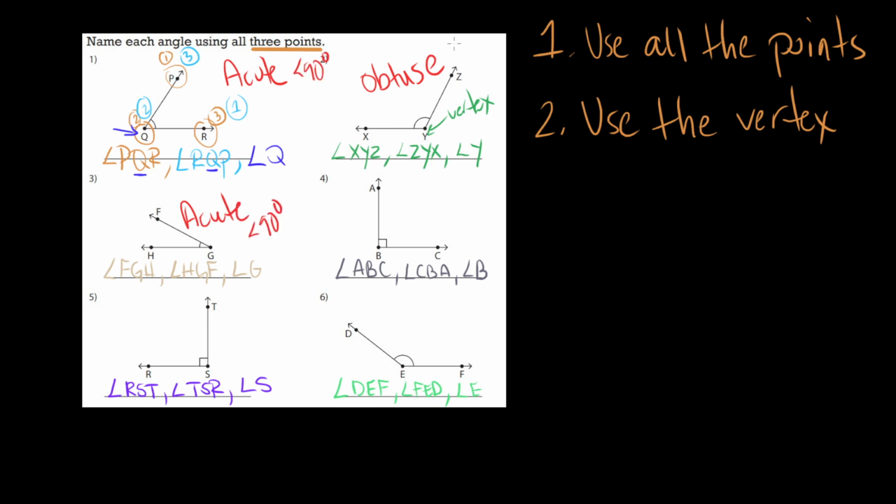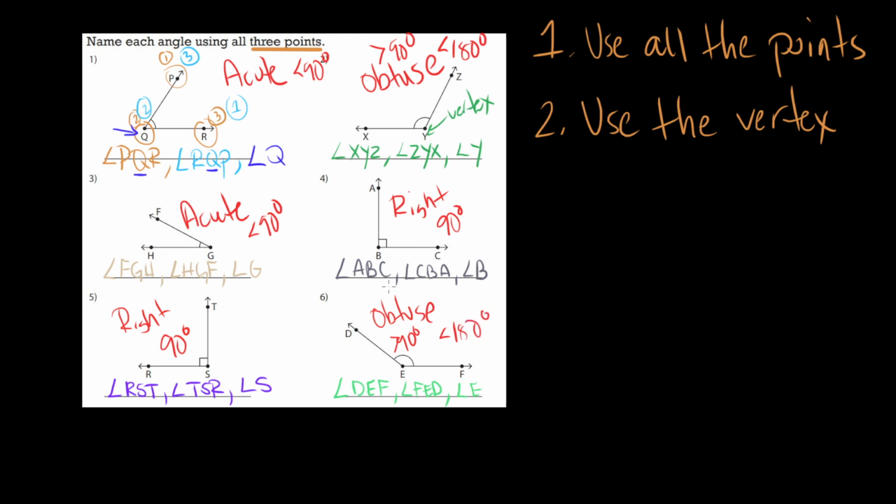Then greater than 90 degrees, but less than 180. This is a right angle, which is 90 degrees exactly. This is another right angle, which is 90 degrees exactly. And this is an obtuse, which is greater than 90, but less than 180.